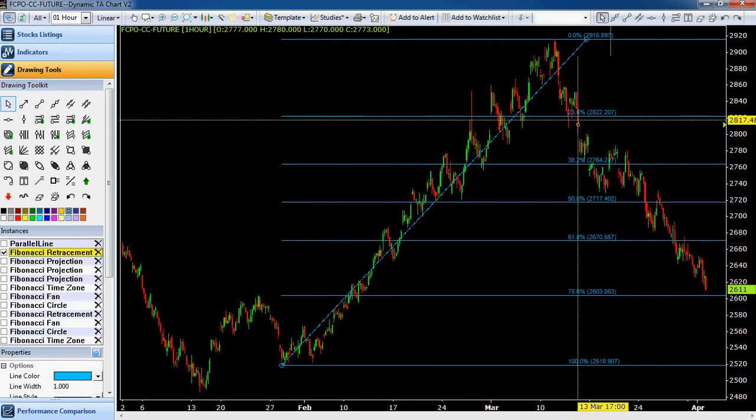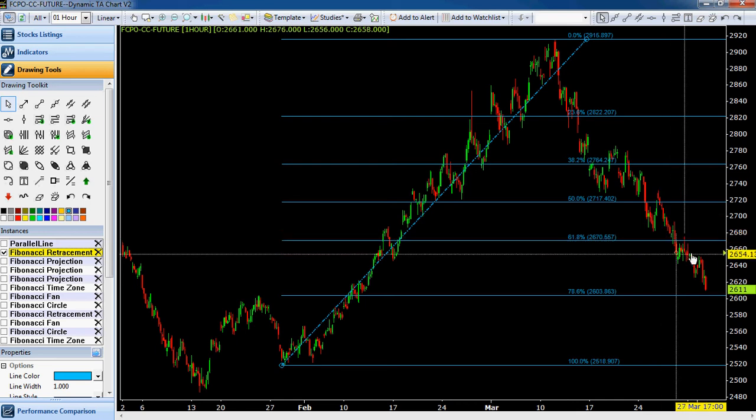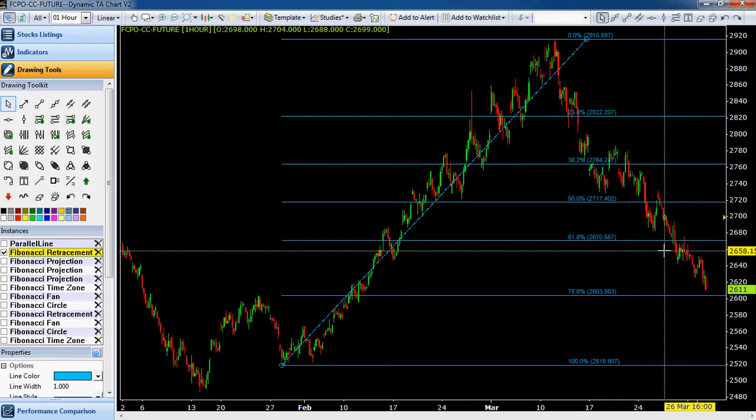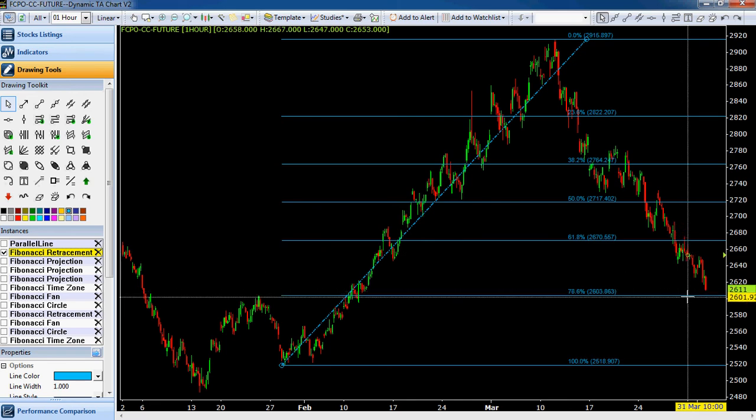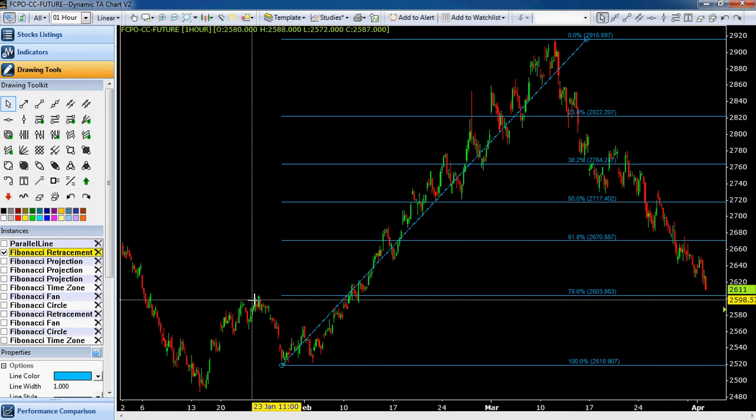From this wave 4, previously in our commentary we mentioned that 61.8%, which is 2670, is our expected support. However, sadly it broke straight away and kept coming down, approaching our 78.6% at 2600, which technically should be the same support level because of the high of the year.